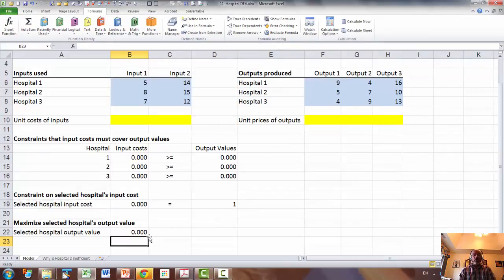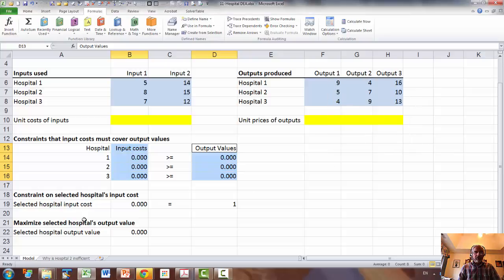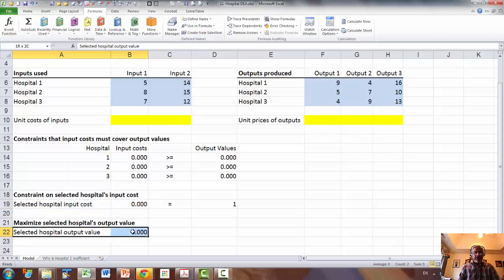We want to see what the output valuation will be for that selected hospital. Okay. So input costs and output values must be named now. Okay. Selected hospital input cost and selected hospital output value.